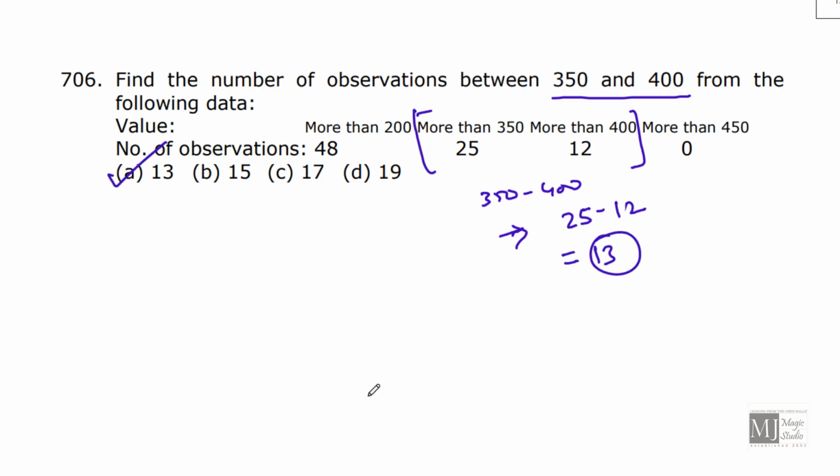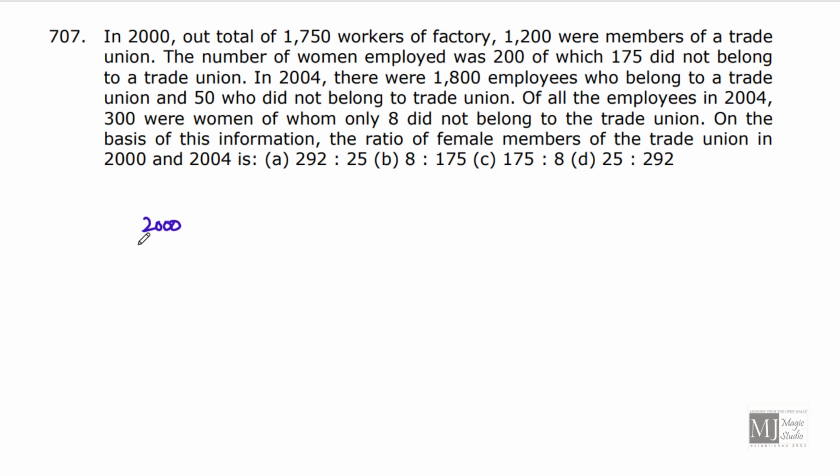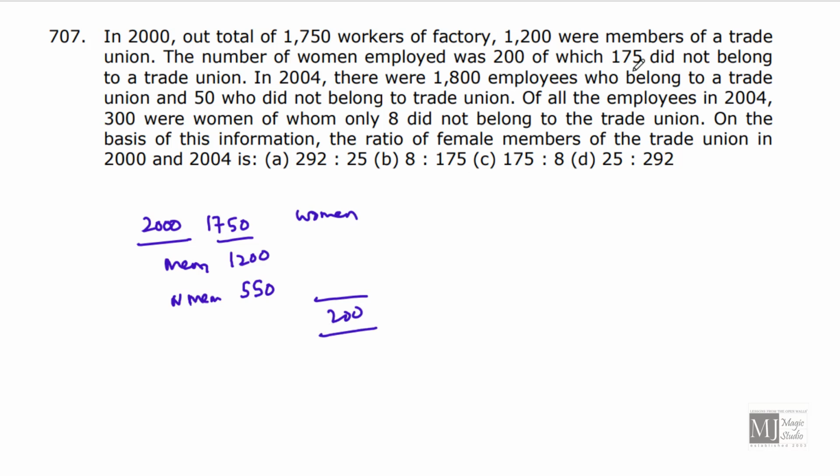In the year 2000, out of a total of 1750 workers, 1200 were members of a trade union. Members were 1200, non-members 550. The number of women employed was 200, of which 175 did not belong to a trade union. That means 25 belong to the trade union.